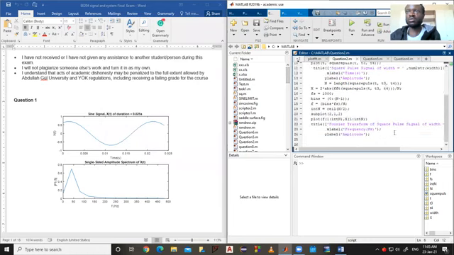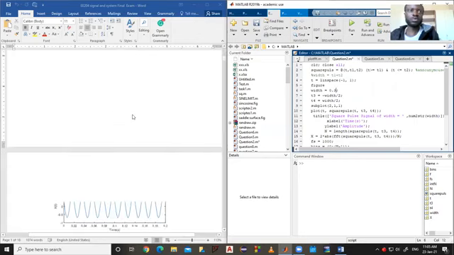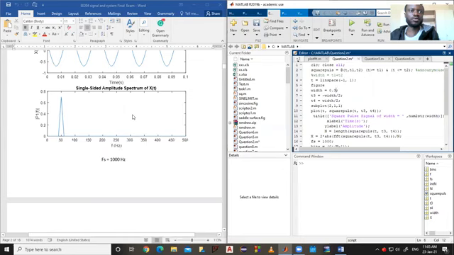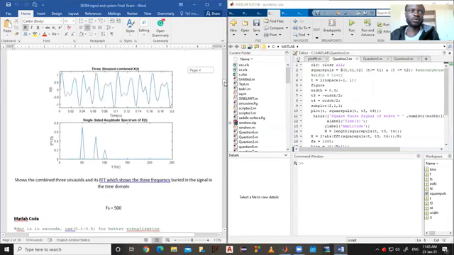Also, when we run the signal, it shows us the Gibbs phenomenon.